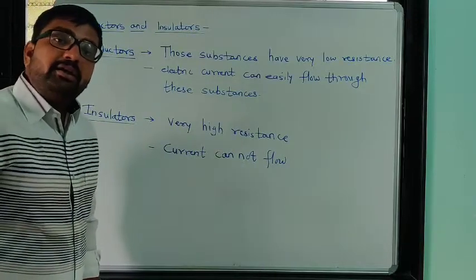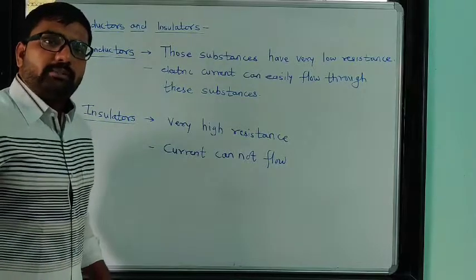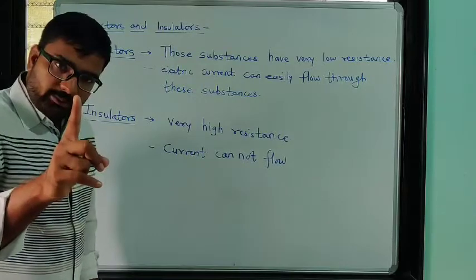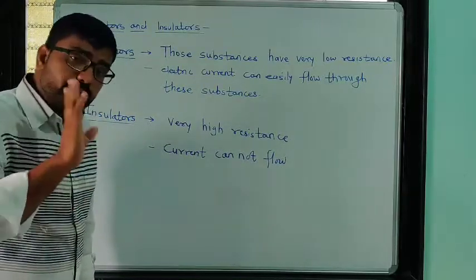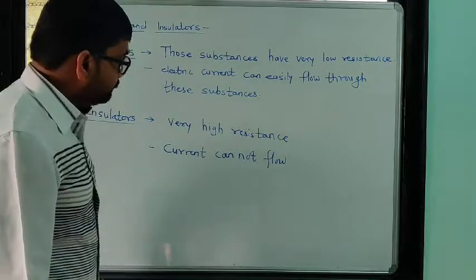The hindrance in the motion of electrons takes place, and due to that hindrance, they move in various directions. Resistance is produced there and the value of electric current decreases.